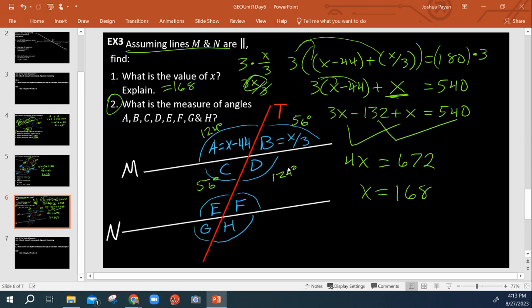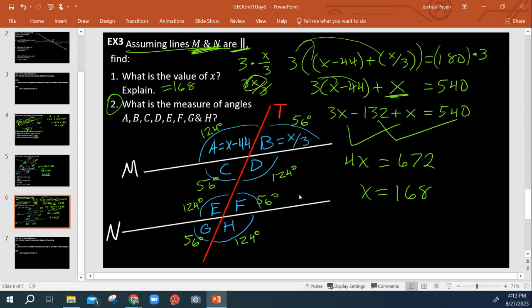Okay, and because M and N are parallel, right? If this guy is 124, that means this guy here is also 124. If this guy here is 56, that means this guy here is also 56. And we just follow the whole pattern of opposite angles are congruent, right? And we're good to go.